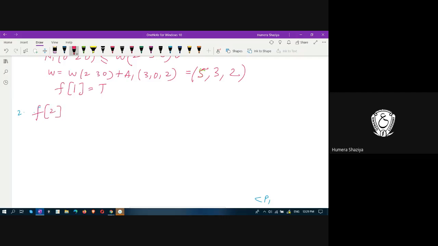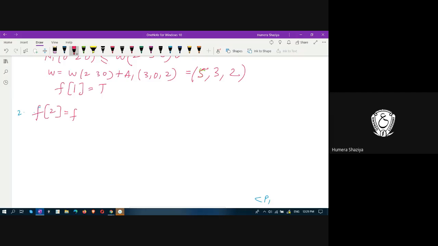P0 could not complete because its requirements were more than the available resources. Then we moved on to P1. P1 has finished and returned, and its finish is marked true. Going ahead, we go to process P2 now and check.